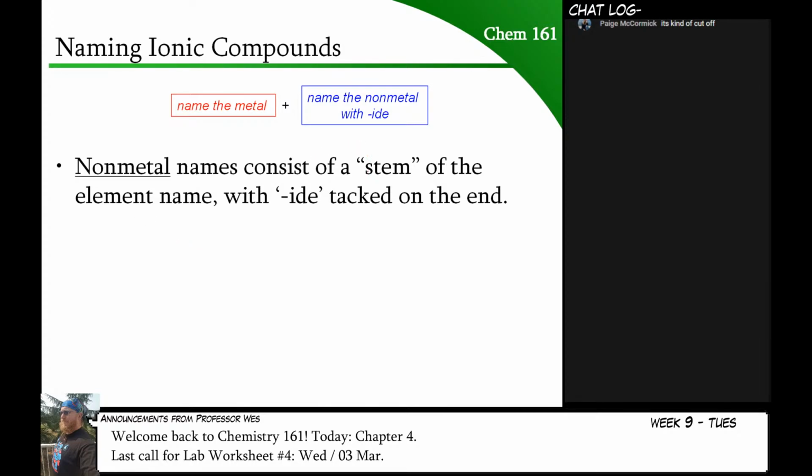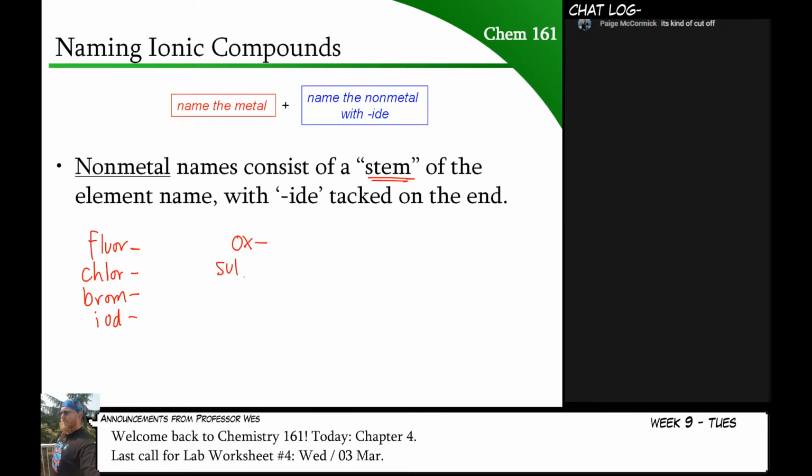So I'm going to write down the stems right here for the elements that we care about. So there's fluorine, we're going to get rid of the ine. And then chlorine, we're going to get rid of the ine on all of these. Bromine and iodine. And then we've got oxygen. We're going to just go ox like that.